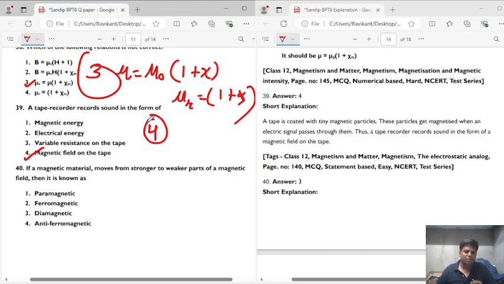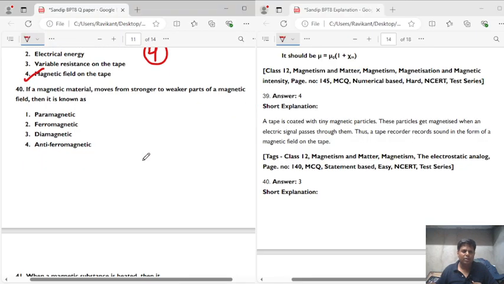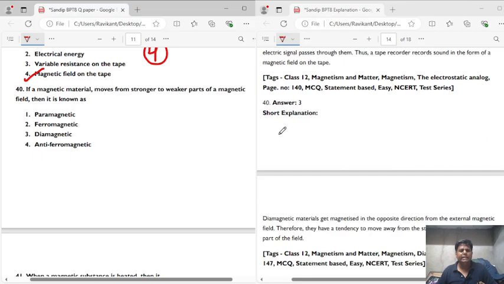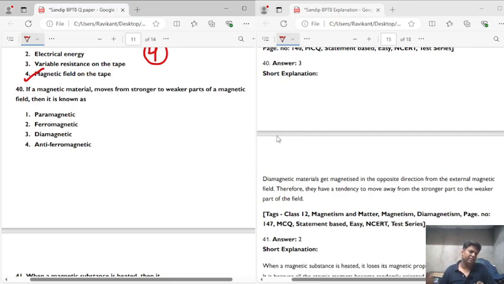Now let's get into question number 40. Question number 40 says that if a magnetic material moves from stronger to weaker part of the magnetic field, then it is known as a diamagnetic material. Why diamagnetic material? Because when a diamagnetic material is placed in an external magnetic field, it gets magnetized in the opposite direction.